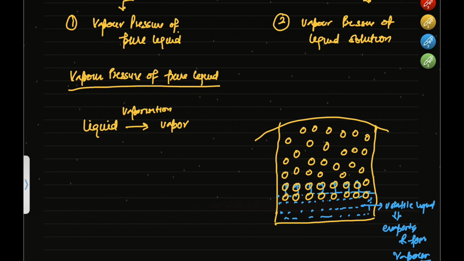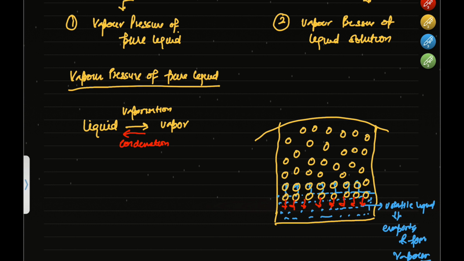At the same time the vapor strikes the surface of the liquid and gets condensed. When the vapor converts into the liquid, this phenomenon is called condensation. Both condensation and vaporization occur simultaneously.